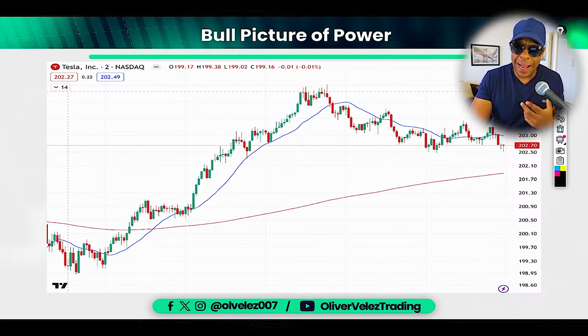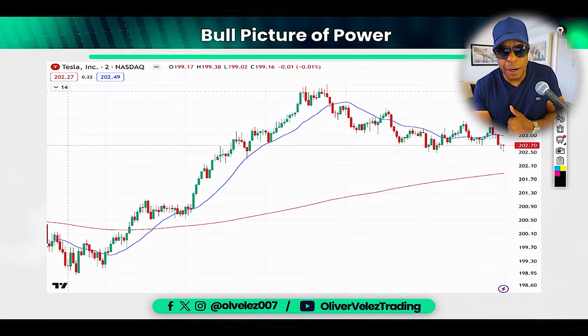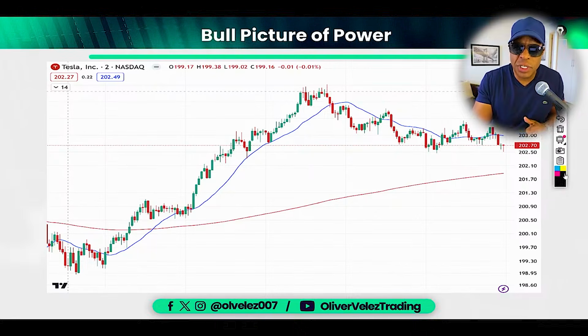What are also buys? All color changes that occur near the 20-period moving average. What's a color change? Let me show you very quickly. A color change is when you have a red bar that is taken out by a green bar. Boom. So this is what I call a color change.